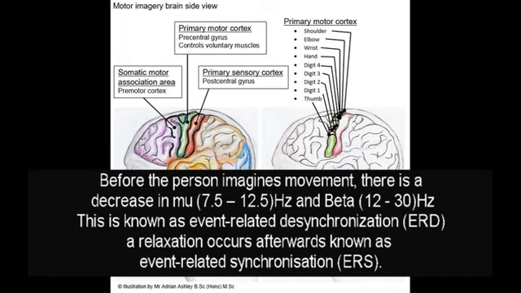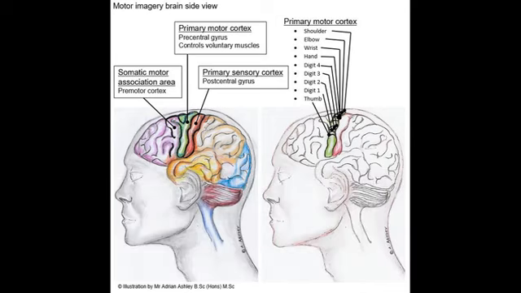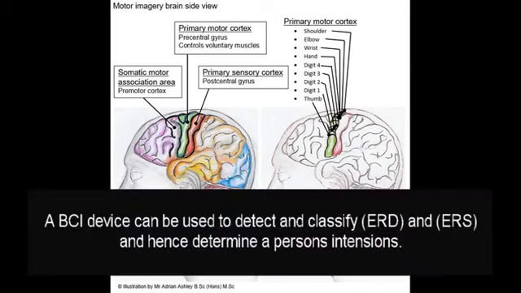A relaxation occurs afterwards, known as event-related synchronization, or ERS. A BCI device can be used to detect and classify ERD and ERS, and hence determine a person's intentions.